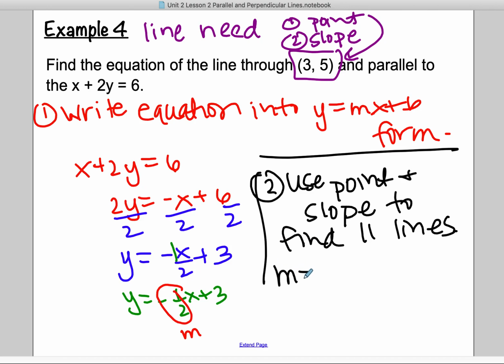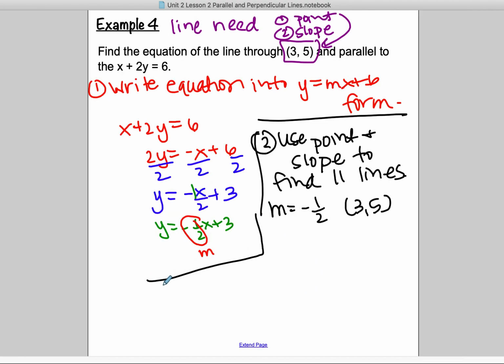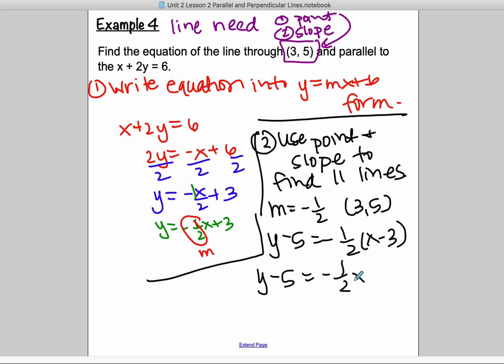So I'm going to use m equals -1/2, and then I use 3, 5. So point-slope form. We got y minus our y value. So y minus 5 equals our slope, negative 1/2, times x minus our x value, which is 3. We have y minus 5 equals negative 1/2 x plus 3/2.